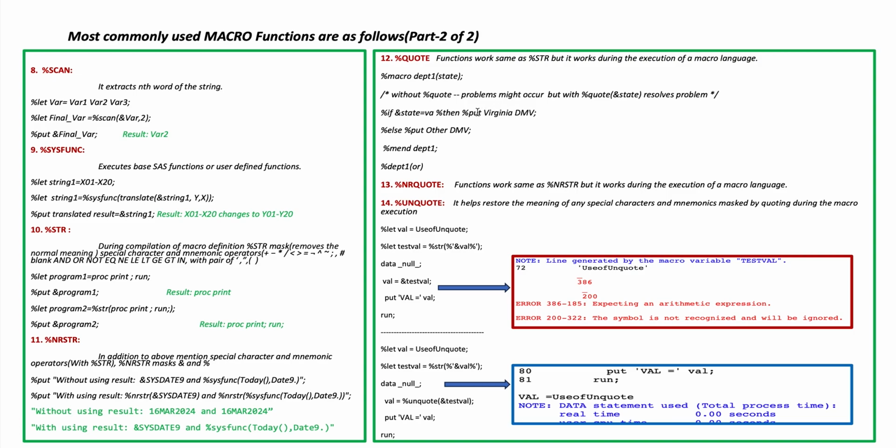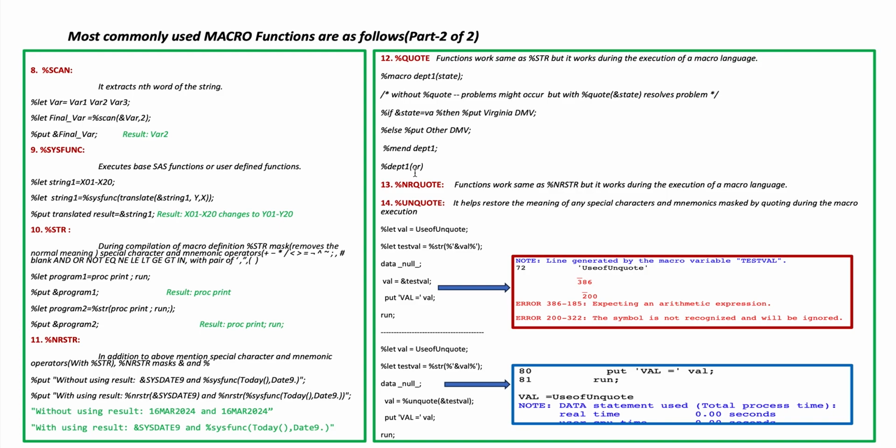That means it will print in our log window. %else %put Other DMB. If not, it will print Other DMB. It ends the macro with %mend dpt1, and we are calling the macro here.